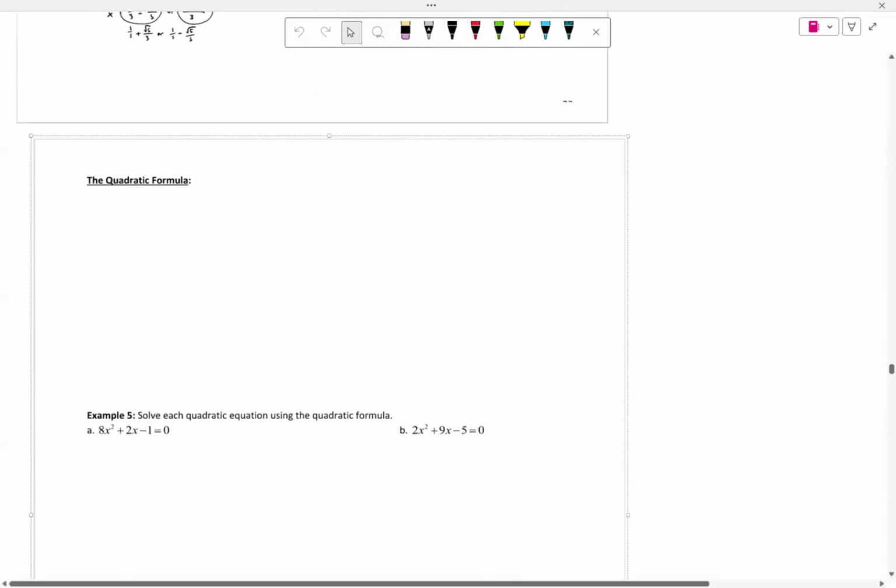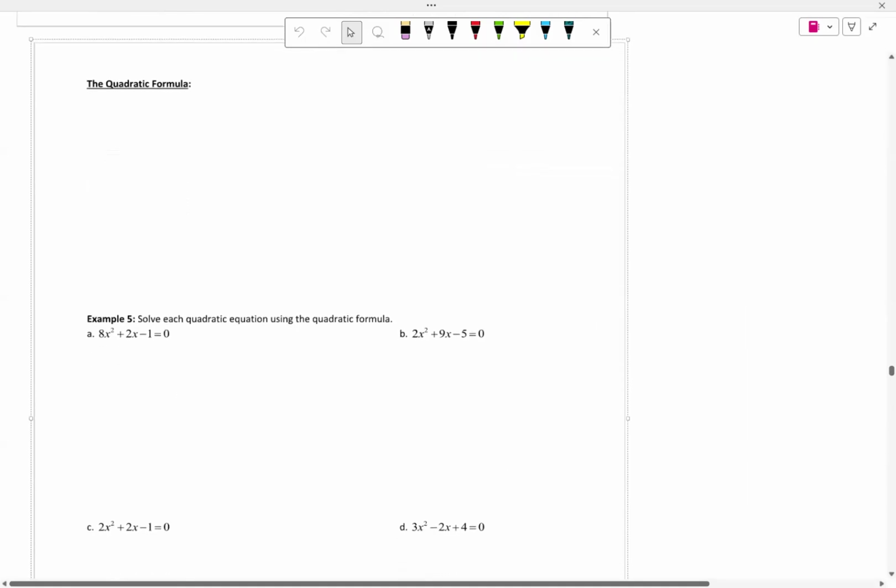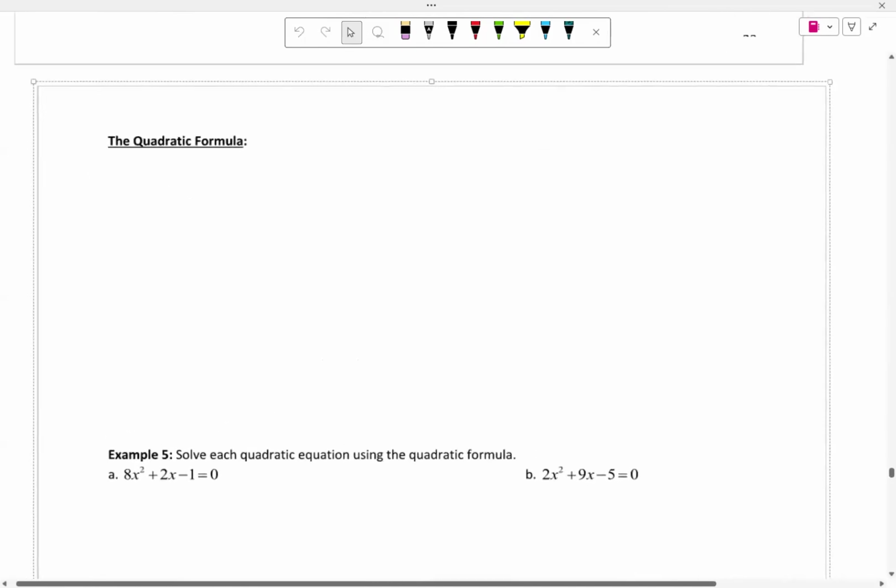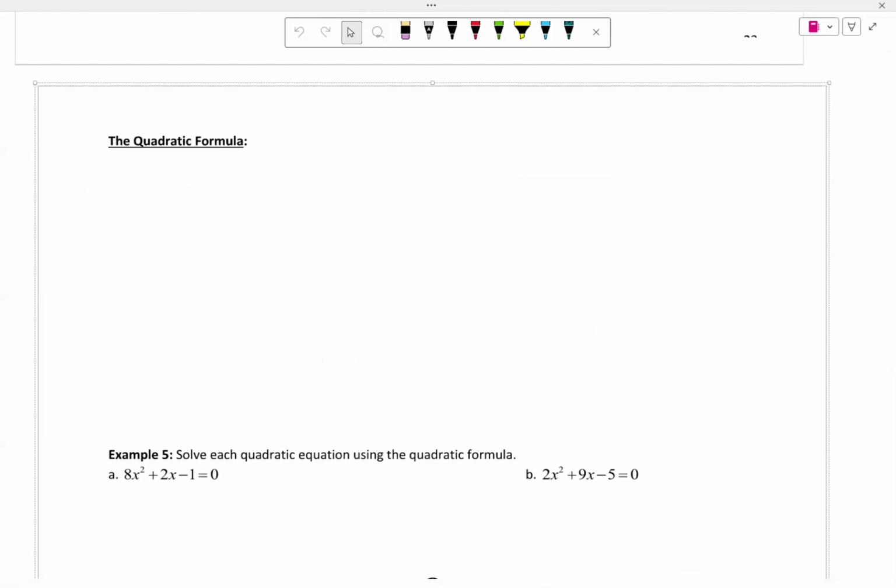Page, I don't know. The page after the last page we did. Quadratic formula. Do you already know the quadratic formula? Do you sing it when you say it to yourself? Check with your neighbor if they know the quadratic formula, just out of curiosity. Okay, so what is it?